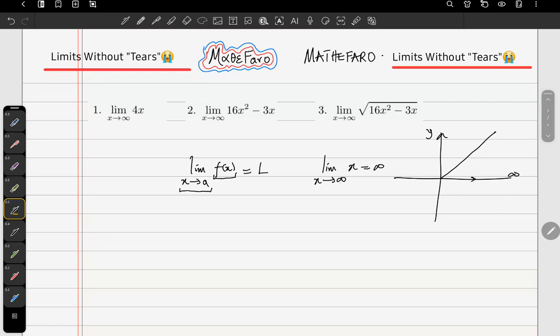We also need to understand that infinity is a very special concept. It is not a number, so it needs to be treated with care.